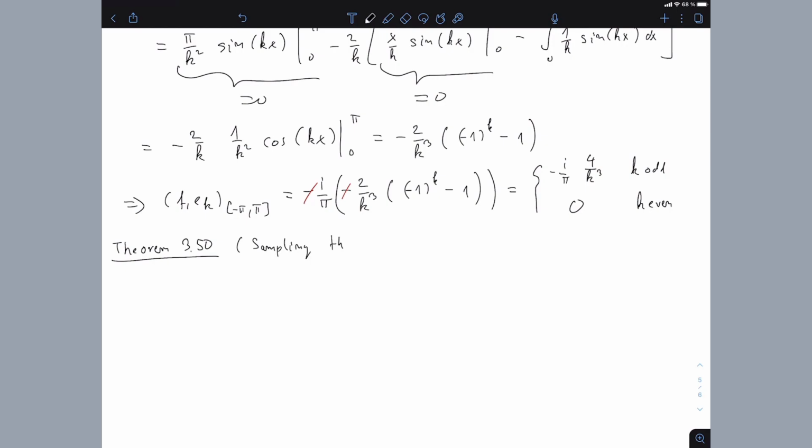This is a very famous theorem and something that you definitely should remember. It's called the sampling theorem, or also the Shannon-Whittaker theorem.